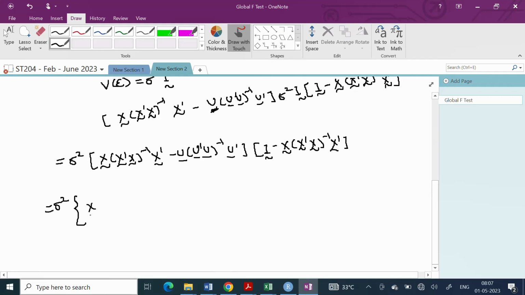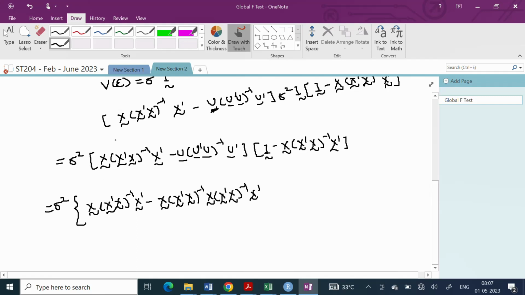The first thing will be X (X prime X) whole inverse X prime into identity, so this stays as it is, minus the second matrix becomes X (X prime X) whole inverse X prime, then again X (X prime X) whole inverse X prime.